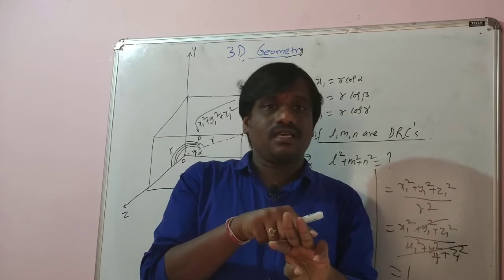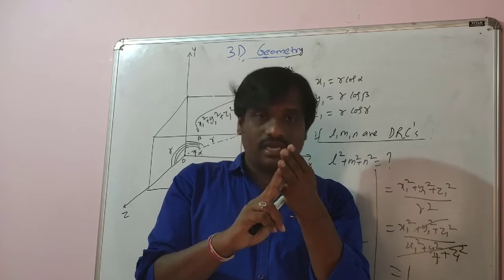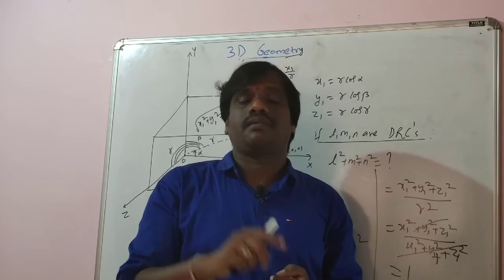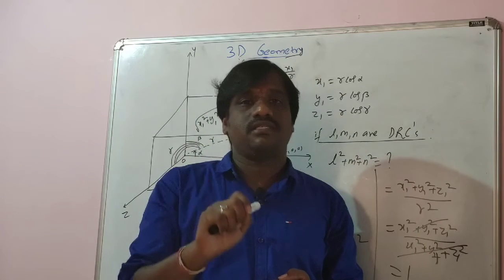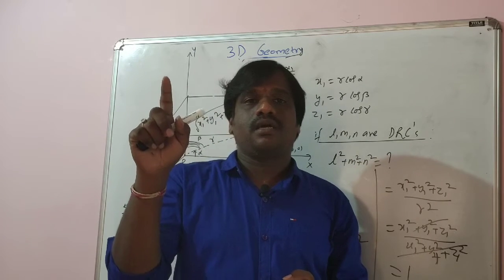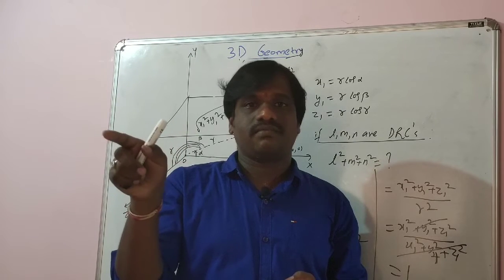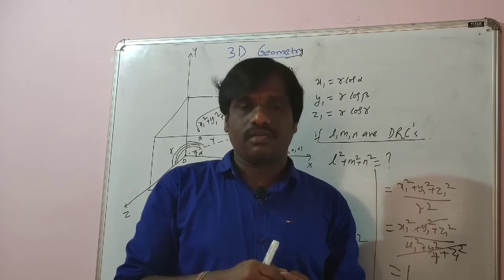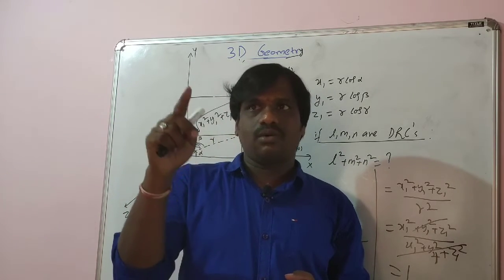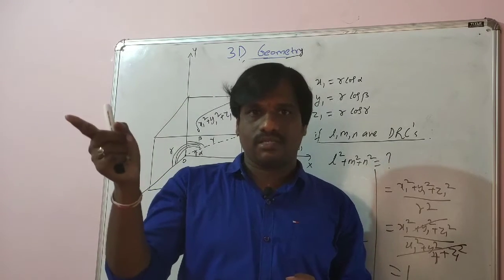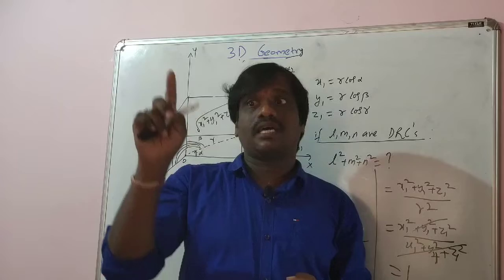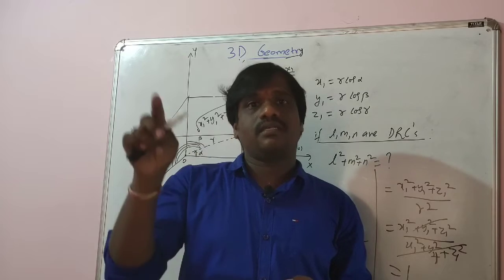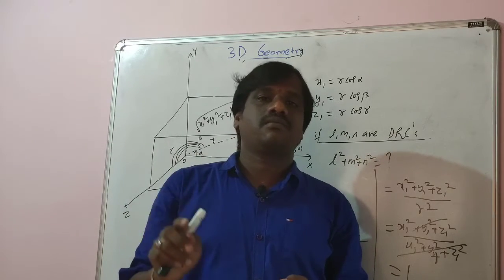If a, b, c are three numbers which are direction ratios, then the direction cosines will be: l is equal to plus or minus a upon under root of a square plus b square plus c square, m is equal to plus or minus b upon under root of a square plus b square plus c square, and n is equal to plus or minus c upon under root of a square plus b square plus c square.